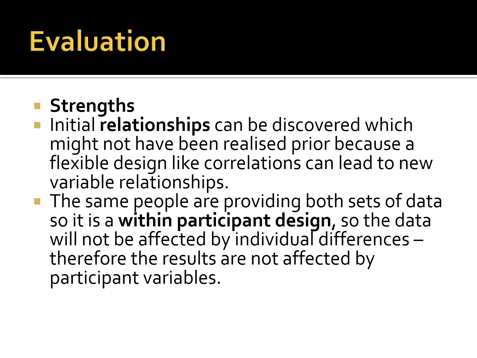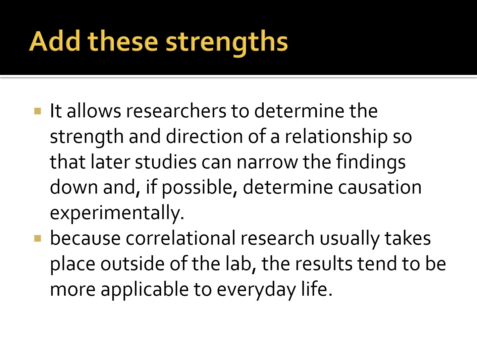What you do have to bear in mind is that whilst there are no participant variables, like the video talked about and I mentioned earlier, there is the third variable issue or other covariables that you haven't taken into account that could skew the data. But participant variables are not one of the weaknesses in a correlation because it is the same people that you are looking at. Okay, so you need to add the following strengths to your booklet as well.